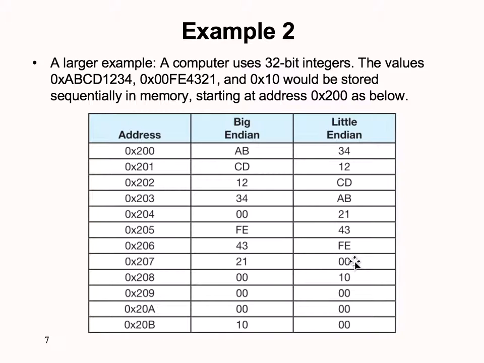With the last number, the least significant byte is represented first, so 10 is stored at address 208, and the remaining padded 0 bytes are stored in the remaining addresses, from 209 through 20B.